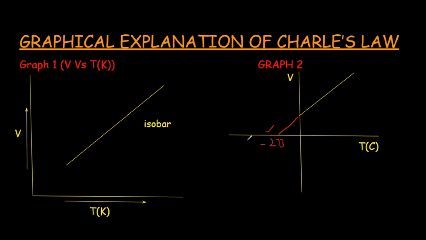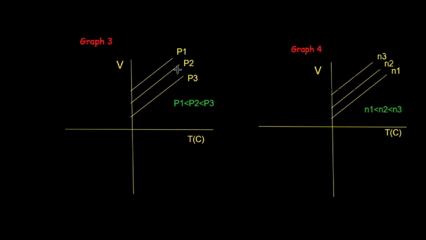Right? Students, in graph 1 and graph 2, pressure is kept constant. So what will happen if we increase the pressure, make it constant, and then devise the VT relation? So here is graph number 3, when pressure is changed from P1 to P2 and P3.